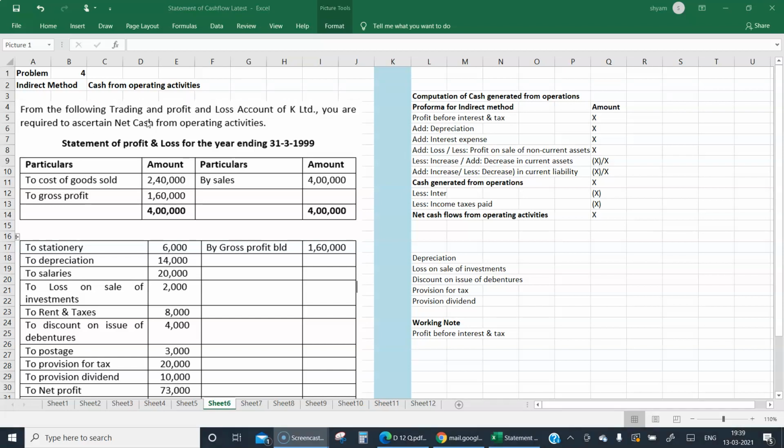From the following trading and profit and loss account of K Limited, you are required to ascertain net cash flow from operating activities. So you have to work out and get this number.